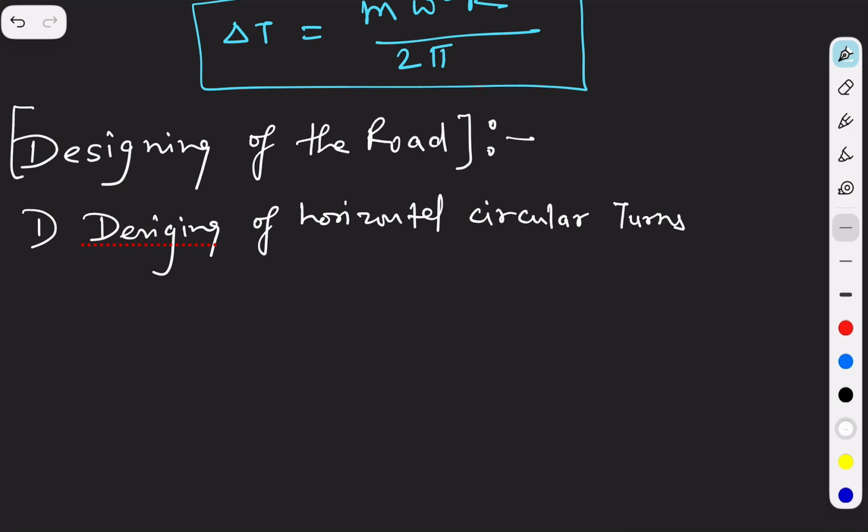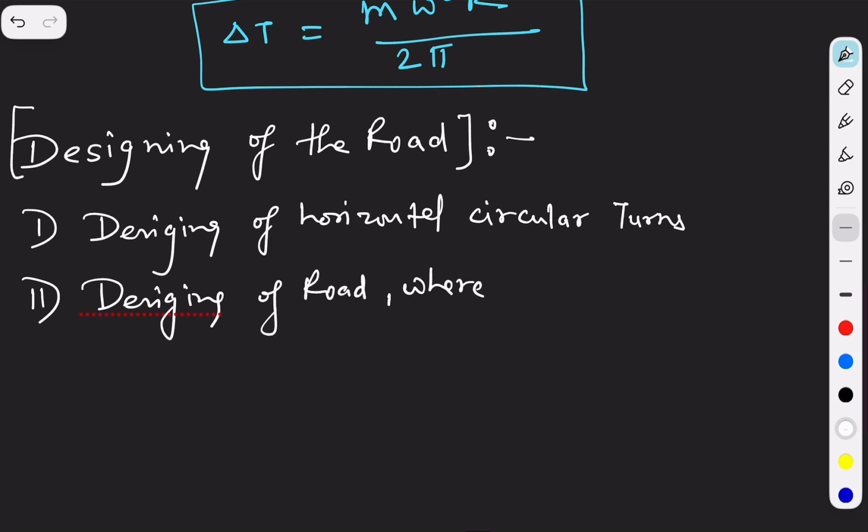Then there is the designing of roads where we are going to give banking.